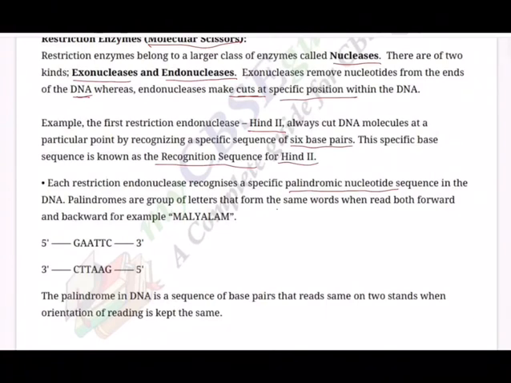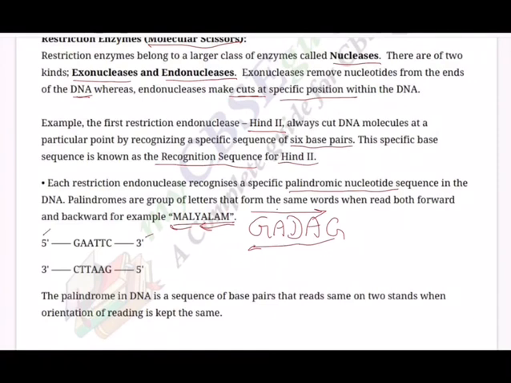Palindromes are groups of letters that form the same words when read both forward and backward. For example, Malayalam: M-A-L-A-Y-A-L-A-M. Reverse it, and it is the same. Similarly, a familiar one, Gadag: G-A-D-A-G, and reversed, G-A-D-A-G. Such things are called palindromes.